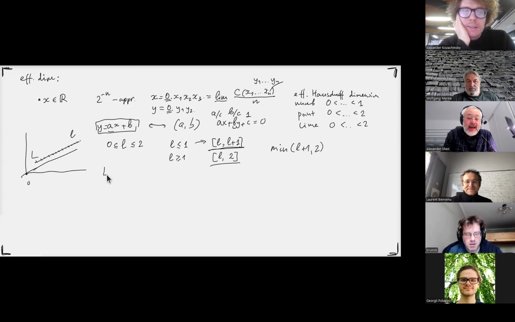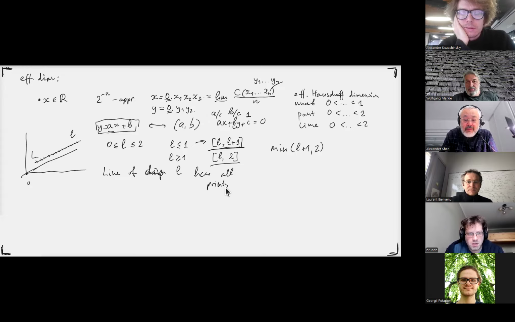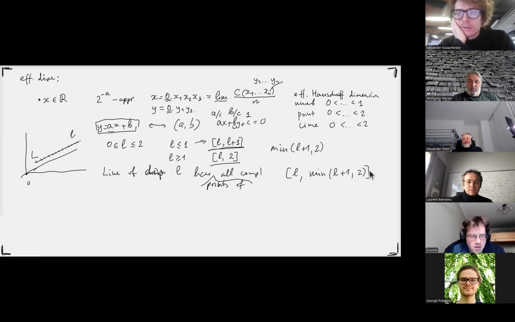I already asked the question. A line of complexity, of dimension L, has points of all complexities between L and, let's write it in one formula, L plus 1, 2.